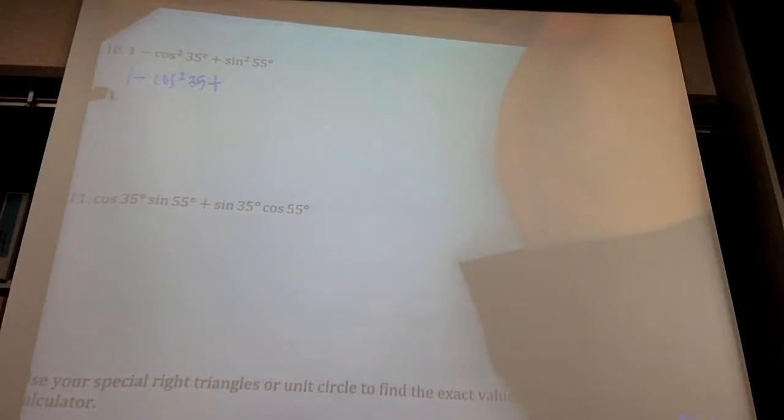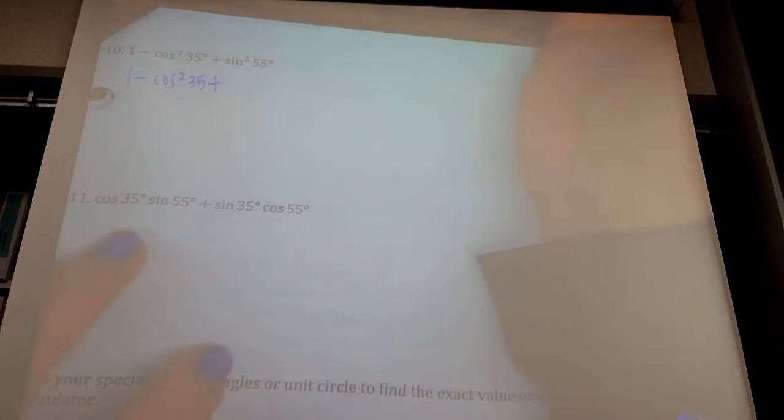Okay, so let's continue on with number 10. Oh, there it is. So we have 1 minus cosine squared 35 plus sine squared 55. Again, the first thing we always want to do is get our same angle measures. I'm going to get them to be both 35. So sine squared is going to change.